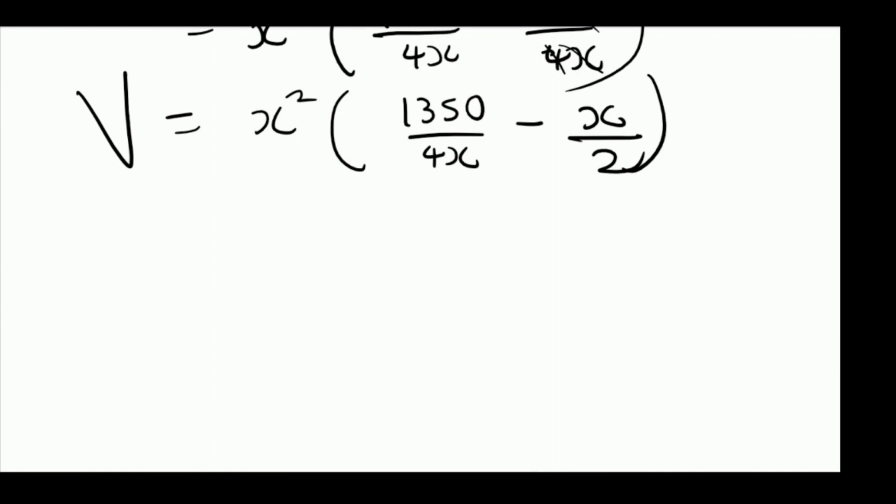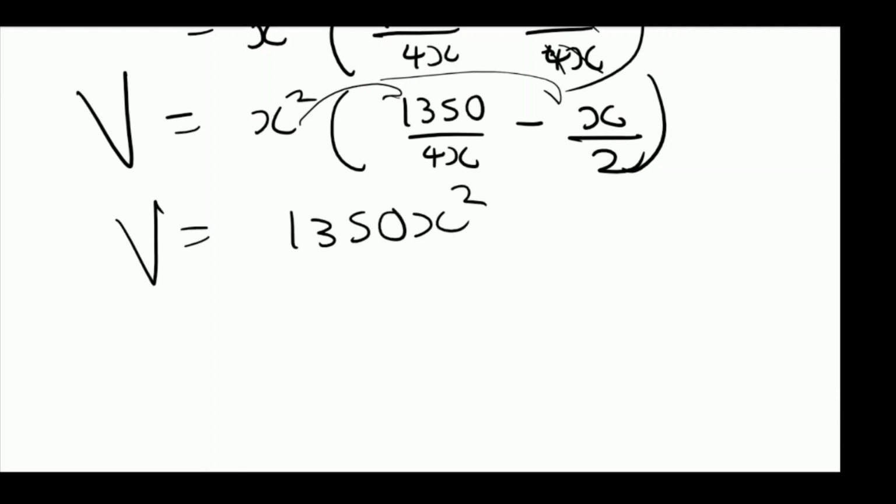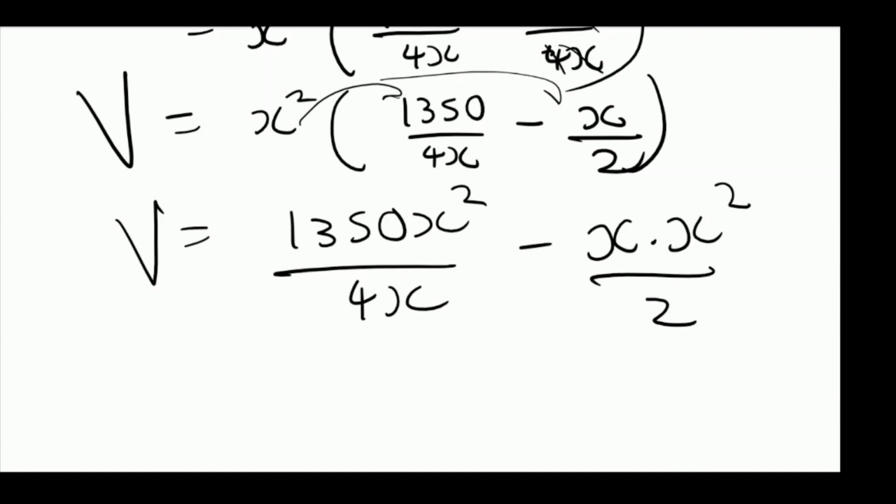So now you're going to multiply the x squared inside, right? So the volume is equal to 1350x squared over 4x minus x times x squared over 2, right?